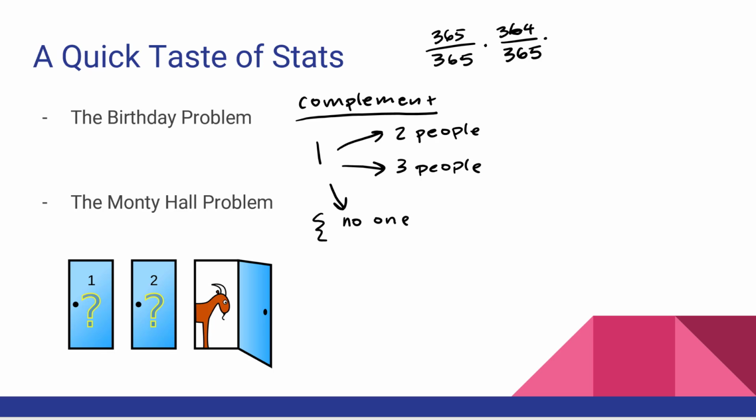Now, if we keep asking, it'll follow the same pattern. Now that you and your friend have claimed birthdays, the next person cannot choose the 2 days that you and your friend respectively took. So now they have 363 days to choose from.